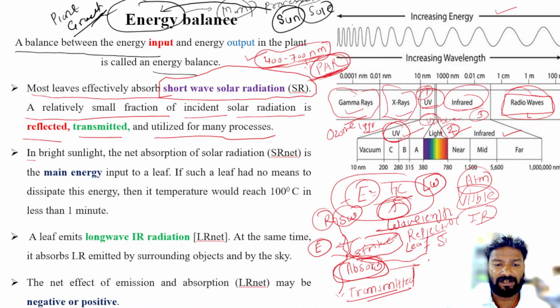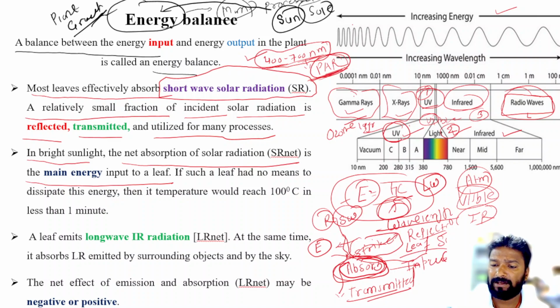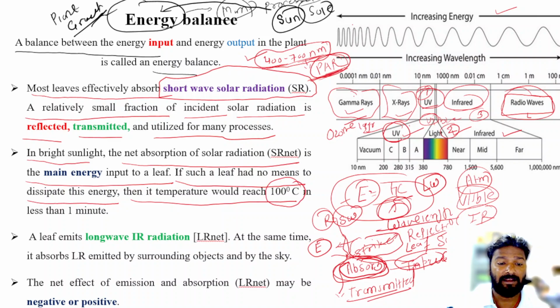And in bright sunlight, the net absorption of solar radiation is the main energy input to the leaves. So this absorbed light is the main input for a plant. If such a leaf had no means to dissipate this energy, then its temperature would reach 100 degrees centigrade in less than 1 minute.